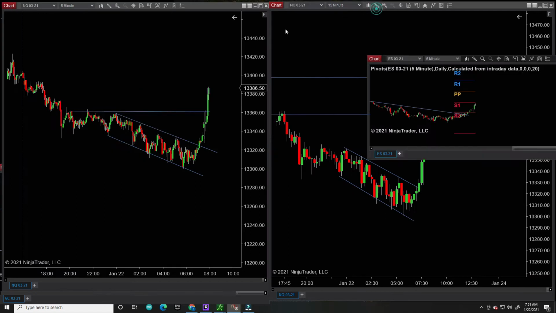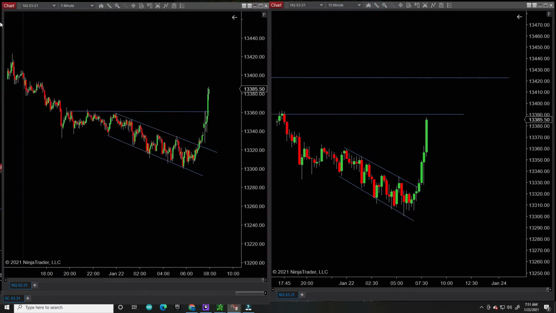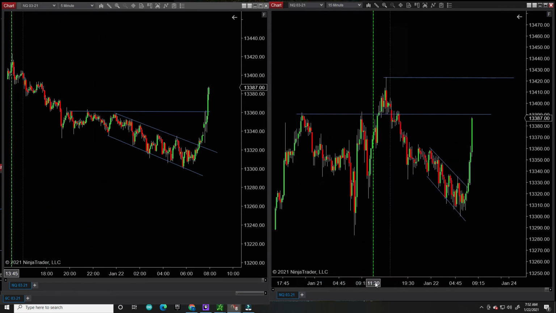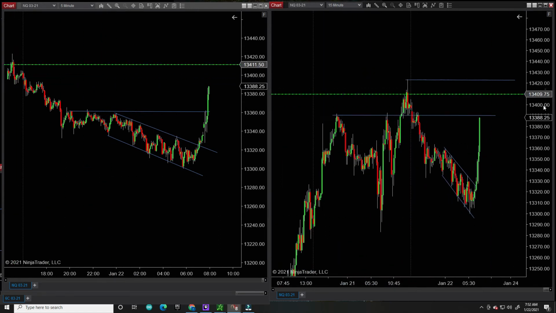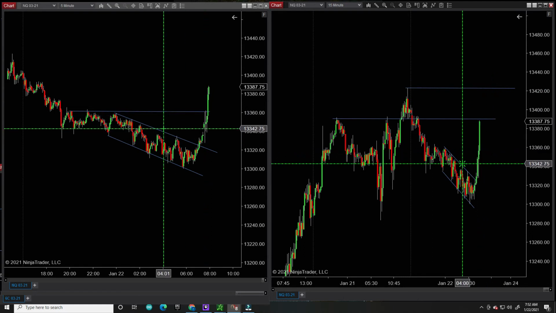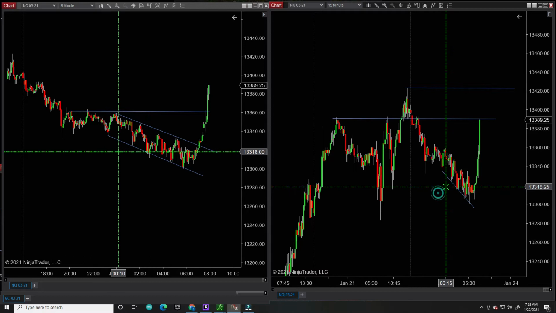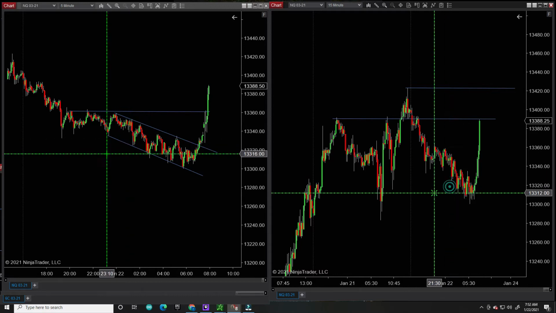So everything's looking bullish on both indexes, but I'm not getting in because of where we're at here. Just not doing it. So I'll just watch, and I'll be back in a minute.